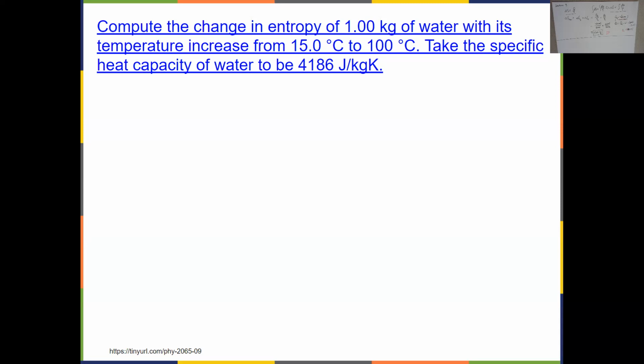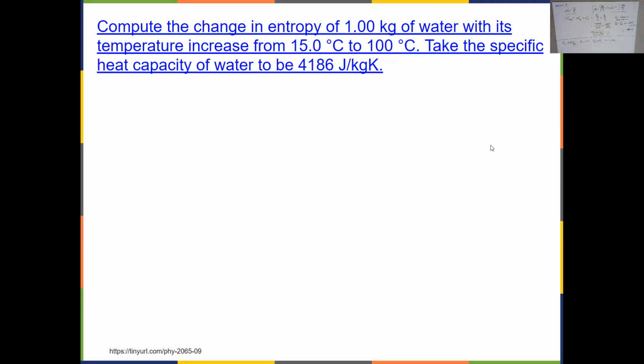Take the specific heat capacity of water to be 4186. So C of water is given as 4186 joules per kilogram times Kelvin. Initial temperature is 15.0 degrees, final temperature is 100 degrees Celsius, and the mass of the water is 1 kilogram.